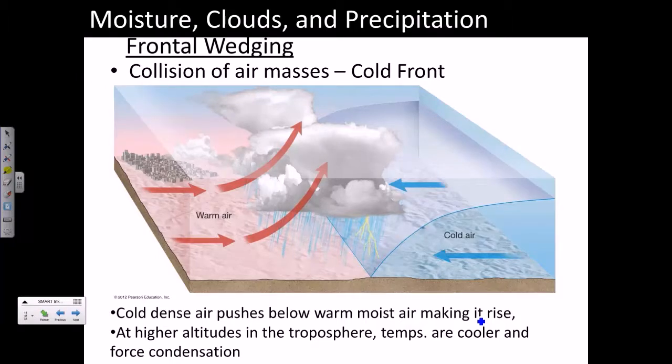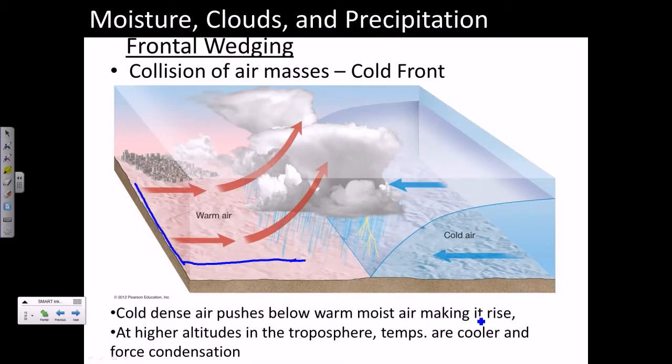Okay, so the last one is something a little bit like convergence, but it's a little bit different. It's called frontal wedging. Fronts are parcels of air that have different temperatures and different amounts of humidity across a common boundary. So on the left-hand side, we have warm air, which is more buoyant and more likely to rise up.